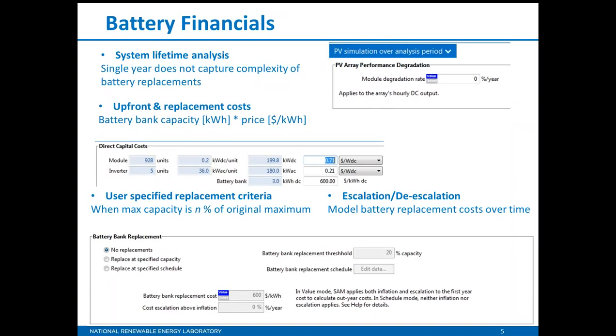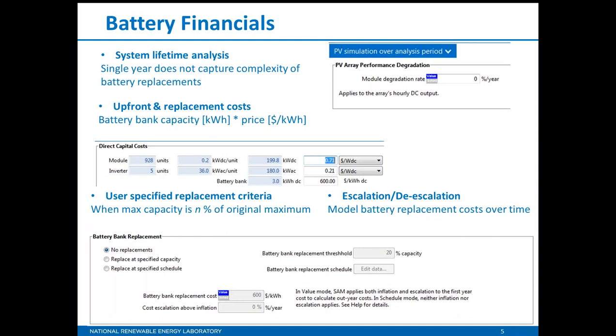You can specify how you want to replace your battery. For instance, everyone has a cell phone or computer, and you notice as you use that device daily over the course of a couple years, that the battery doesn't last as long. Within SAM, you can choose when to replace that battery. For instance, when the max capacity is at some percentage of the original maximum, you might want to replace that battery.